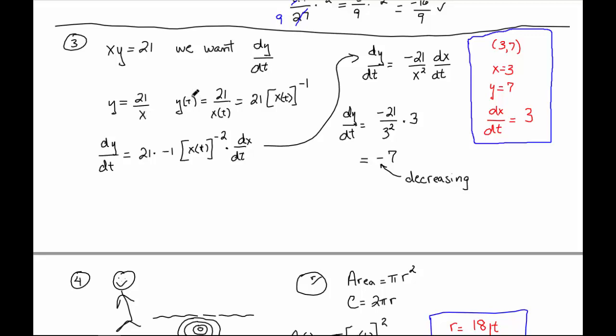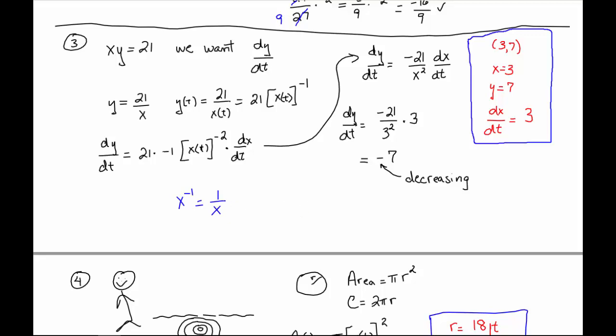I now write it with the time dependence. I don't really want to use the quotient rule, so I rewrote x of t as x of t raised to the minus 1. Remember, something to the minus 1 is really just 1 over x.